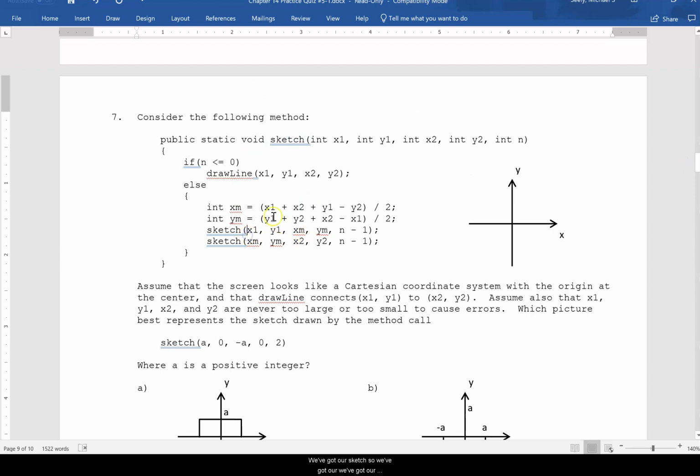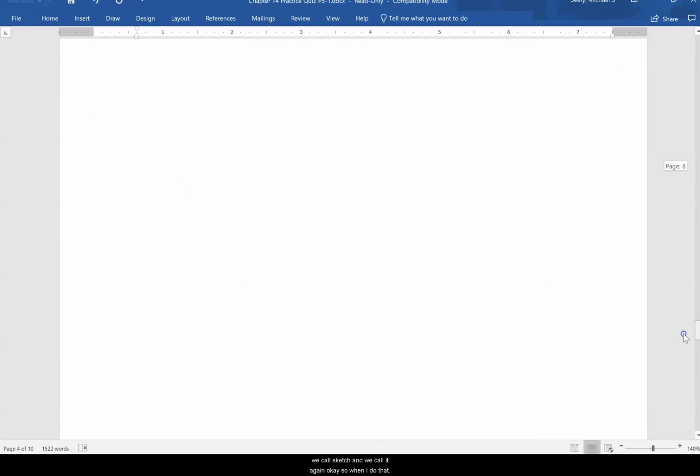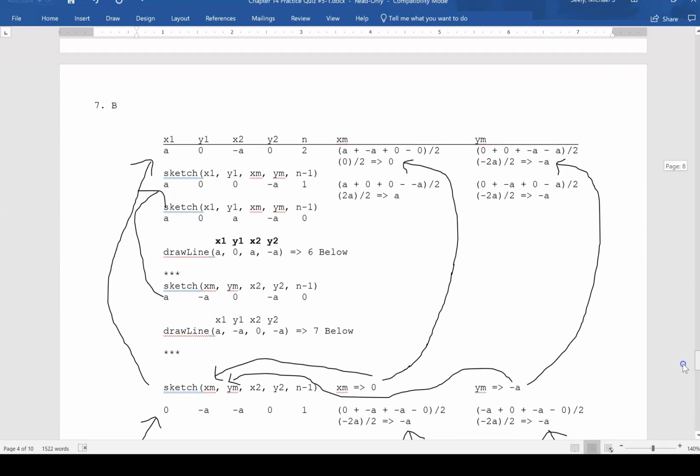Now we've got our values for sketch, so we call sketch again. When I do that, I get this sketch right here. If we go back in, we've got a plus 0 minus negative 2, which is really a plus a.